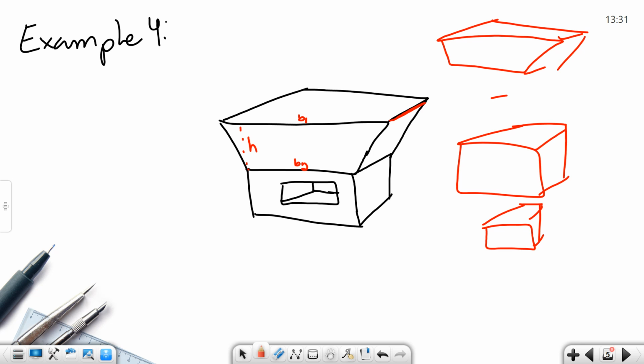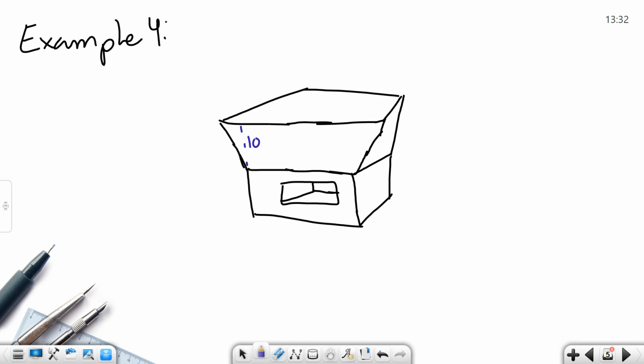Like the example we just saw, we're going to add these two together, but then we're going to subtract out this last one from that combined volume. If I went too fast, rewind or search back, find a good stopping point, and then in between each example, just pause the video and think through what it is that I did and why I did it.